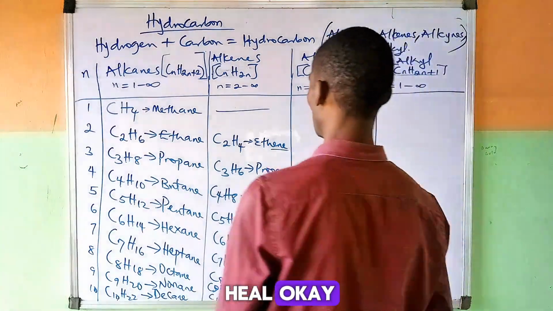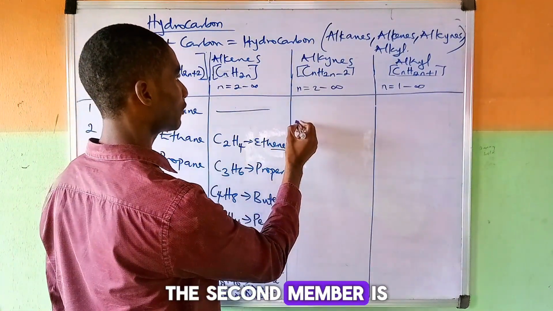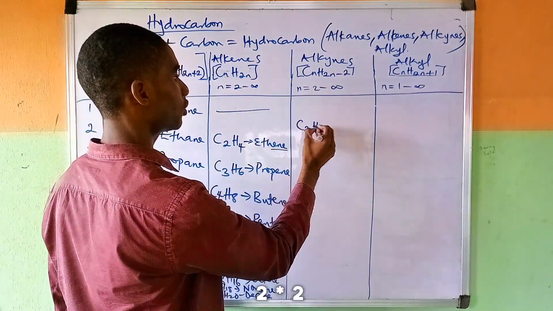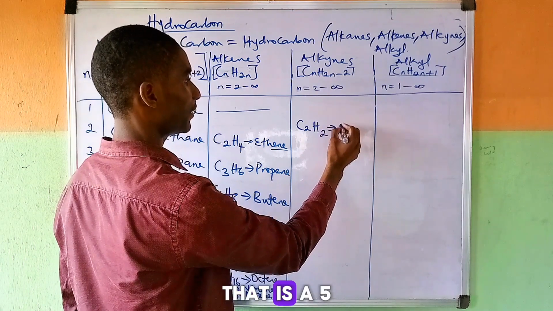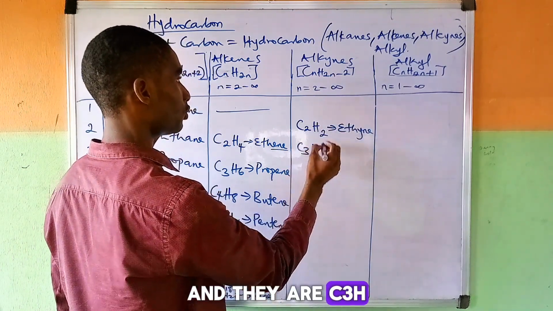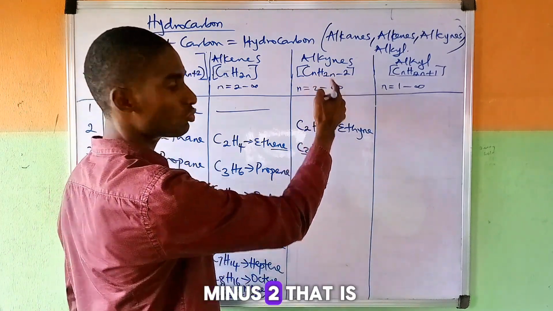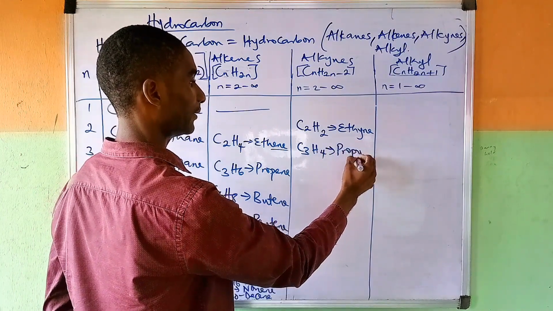Okay, so let's come back to the second member here. The second member is going to be C2H, 2 times 2, 4, minus 2, 2. That is ethyne. And then you have C3H, 2 times 3, 6, minus 2, that is 4. Propyne.